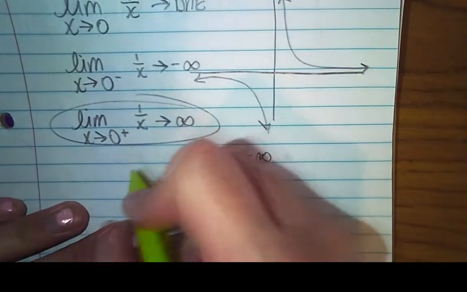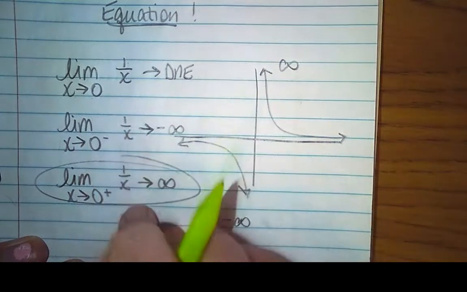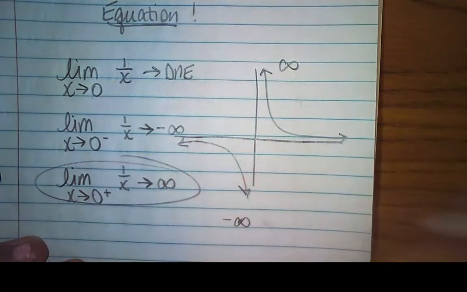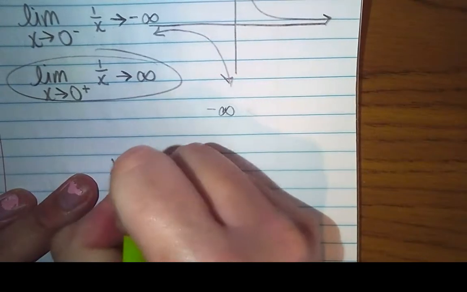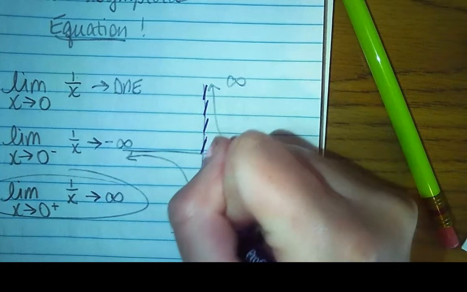Okay. Now, last thing, if I ask you for the equation of the vertical asymptote, what you're going to do is take whatever your denominator is, after you reduce it, after you've done whatever, take that denominator and set it equal to 0, and if necessary, you're going to solve. Well, this one's already done, so I don't need to solve, but what you have is an imaginary line that guides your graph from the left and from the right.